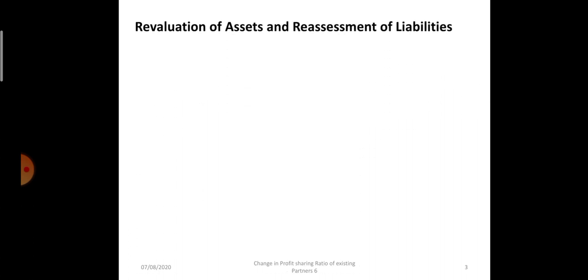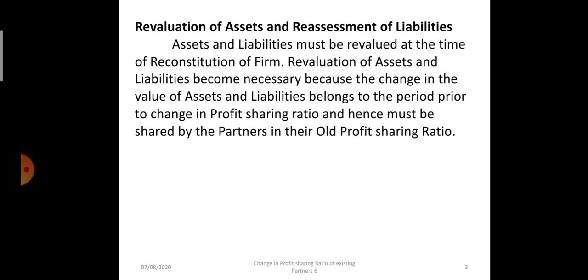We have already discussed this topic, that at the time of reconstitution of a partnership firm, the value of assets and liabilities recorded in the books and the realizable value of these assets may differ, and at the time of change in profit sharing ratio of existing partners, no partner should stand at loss or profit, so it becomes necessary to record the revised values. And if there is any profit or loss, it will be shared by the partners in their old profit sharing ratio.